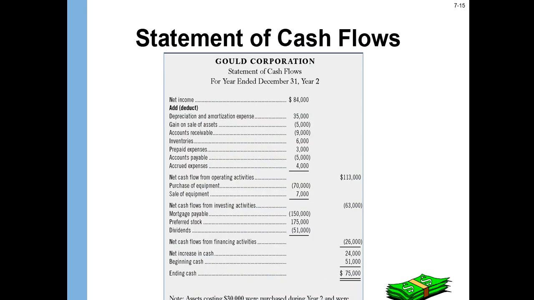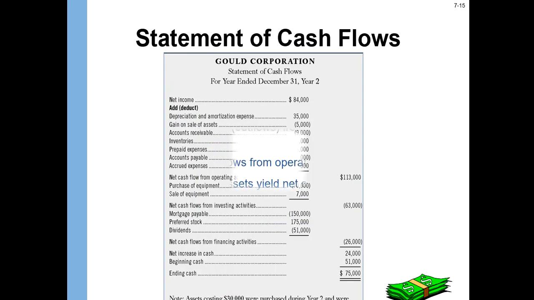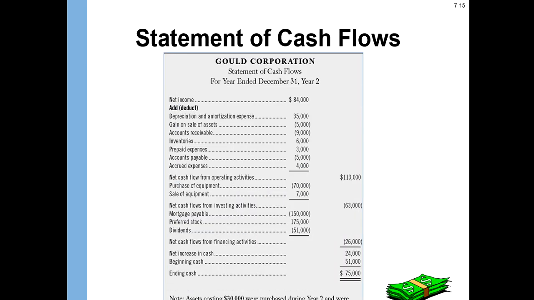So that was the start. I want to go step by step with this. Sum to yield net cash flows from operations, the net cash flows from operating activities. Purchase of equipment $70,000. Sales of equipment $7,000.